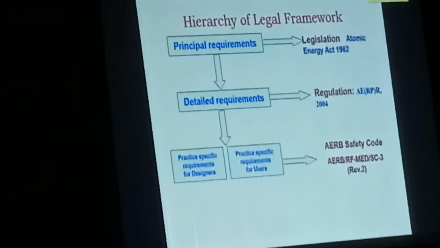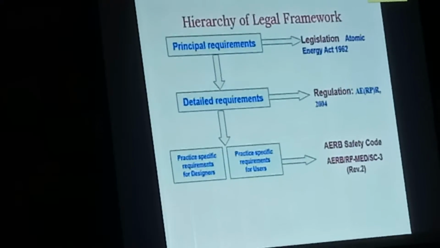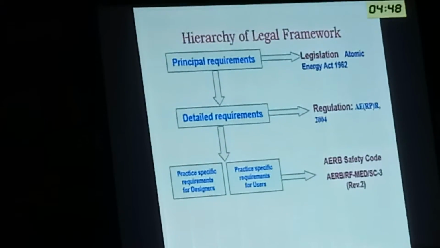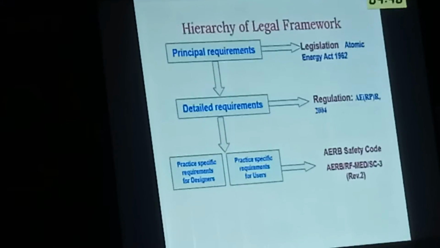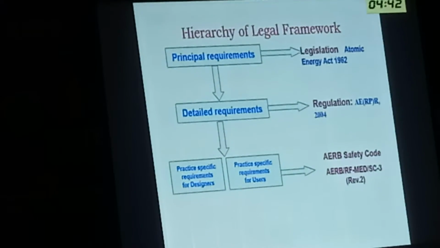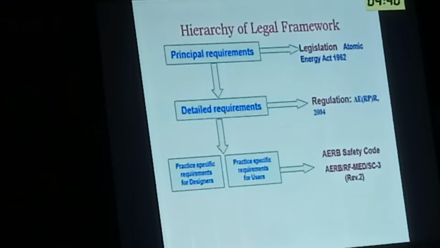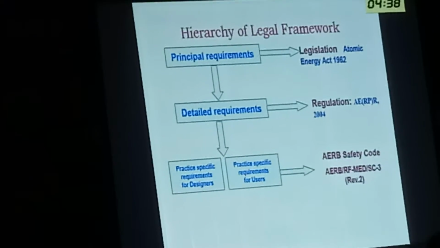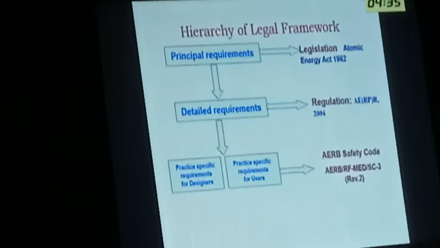Then there are practice specific requirements for designers, the people who are manufacturing or designing your DR fixed X-ray equipment, IR equipment or CT equipment. And then practice specific requirements for users.